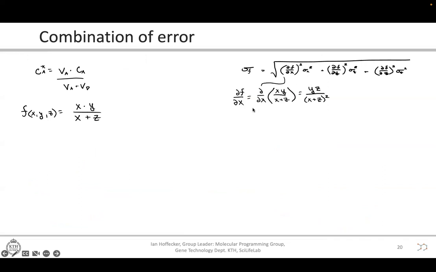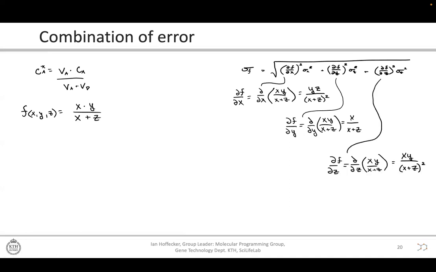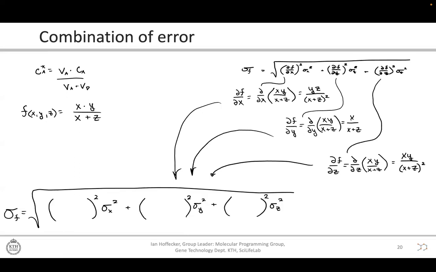So the partial derivative of this equation here, xy over x plus z, with respect to x, if we solve that, gives us this, yz over x plus z quantity squared. We do the same for y and z. And this gives us everything we need to evaluate this expression.